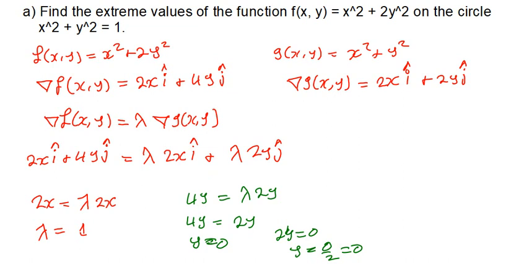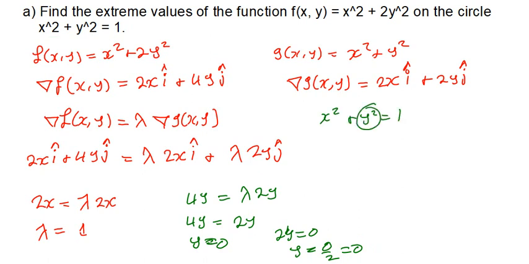Remember, what we are trying to look for here are the critical points. So how do I come up with my values of x when y is equal to 0? I'll use the equation I have here, x squared plus y squared is equal to 1.